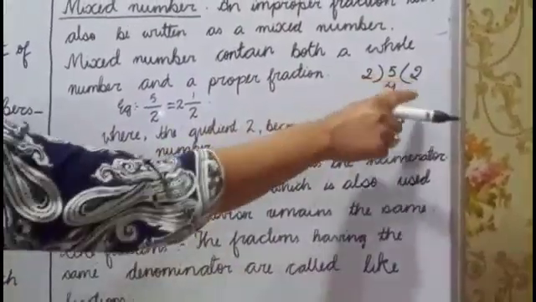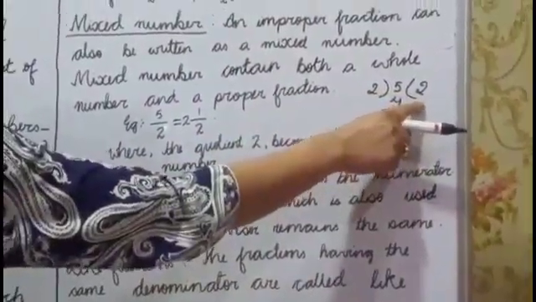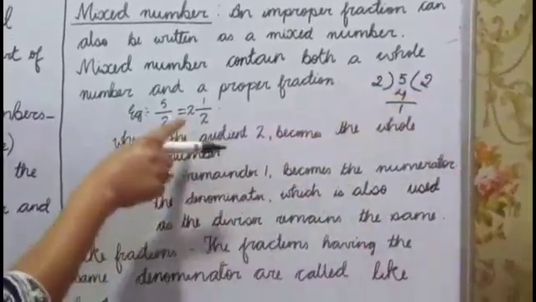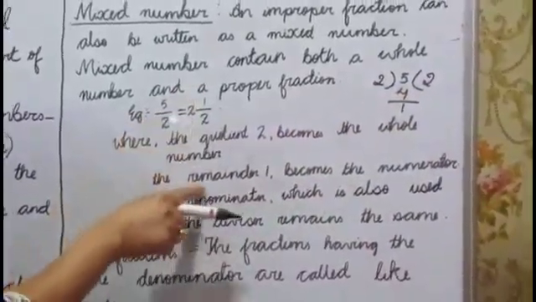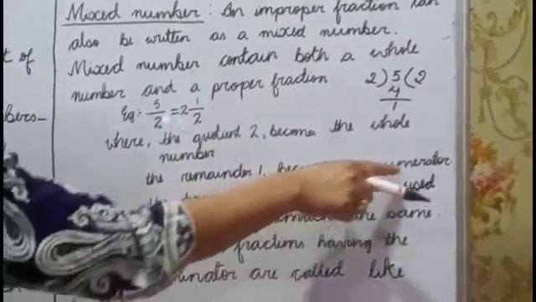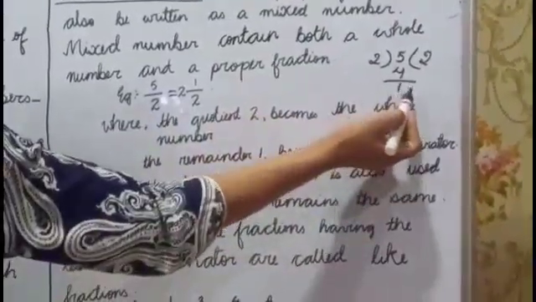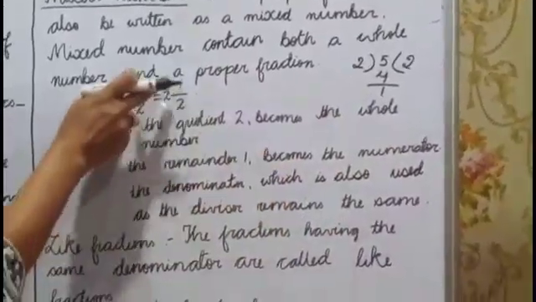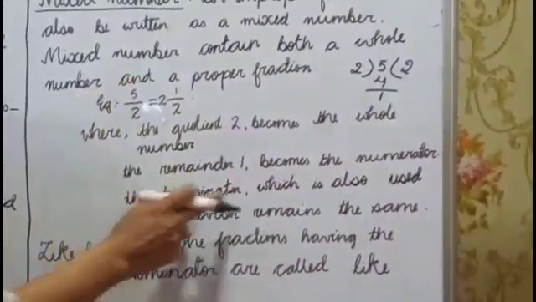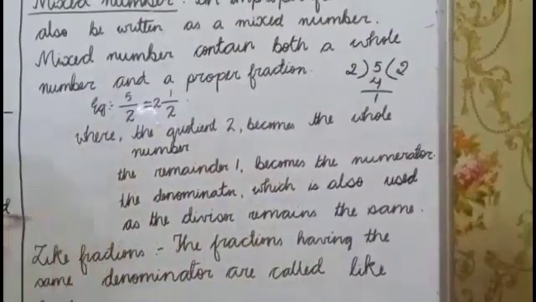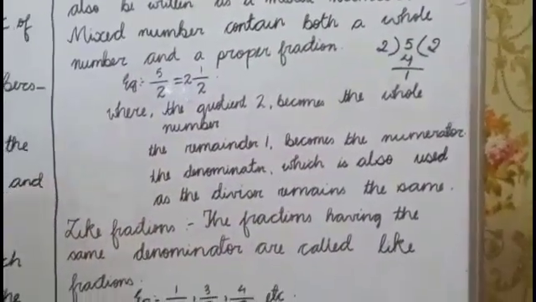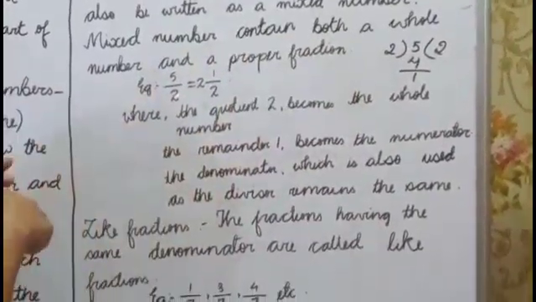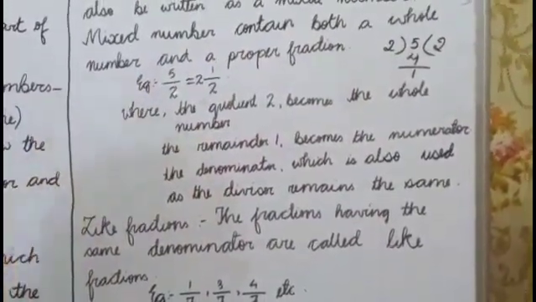That means the number we get in the quotient we write in the whole part. Then the remainder 1 becomes the numerator, and the denominator, which was used as the divisor, remains the same.